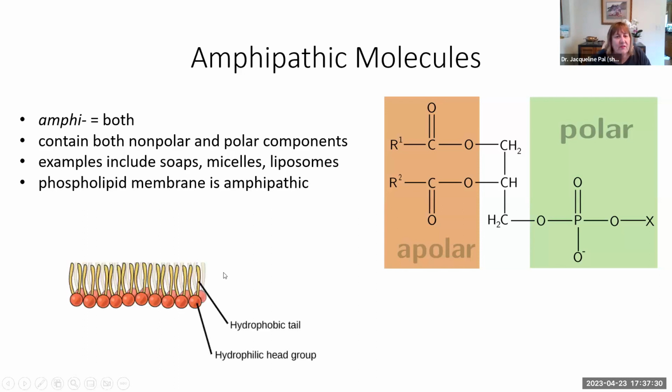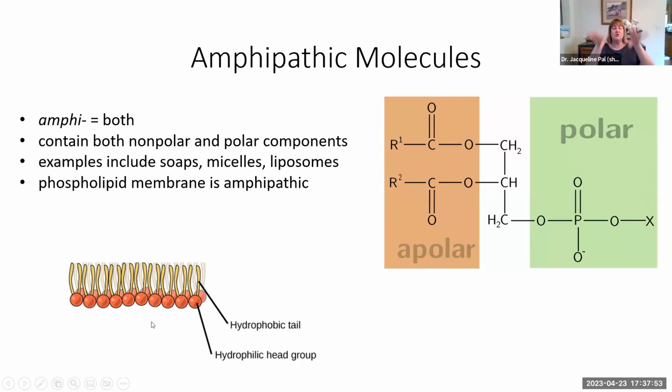If we look at our phospholipid membrane, it has heads which are charged, and tails, fatty acid tails, which are not charged. So this part is not polar, and the head is polar. It's this phosphate group that you see right here in green. And so it's an amphipathic molecule.